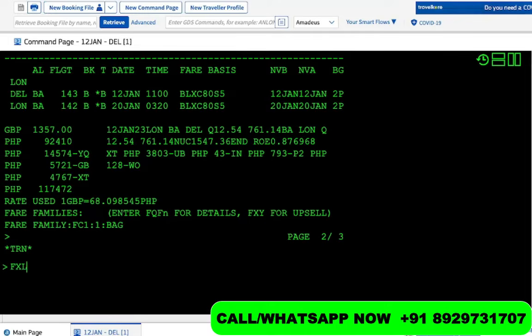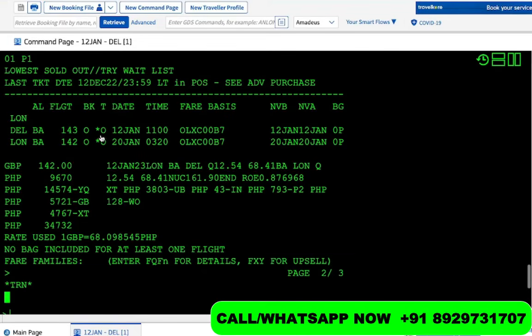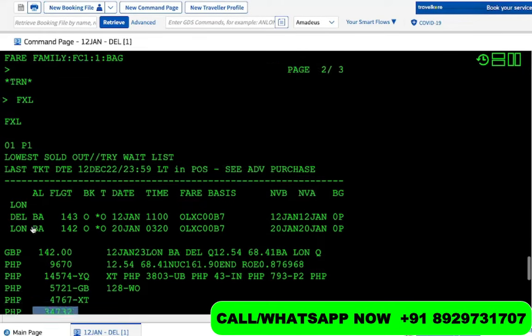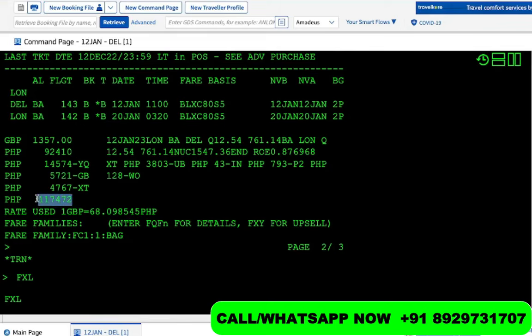So if I do FXL and enter, you'll see it gives you O class, right? And there is no baggage, see, zero baggage. If you look at the price, it is 34,732. It has dropped down to almost nothing now, because the price that we are getting in FXR is 117,472 Philippines peso.